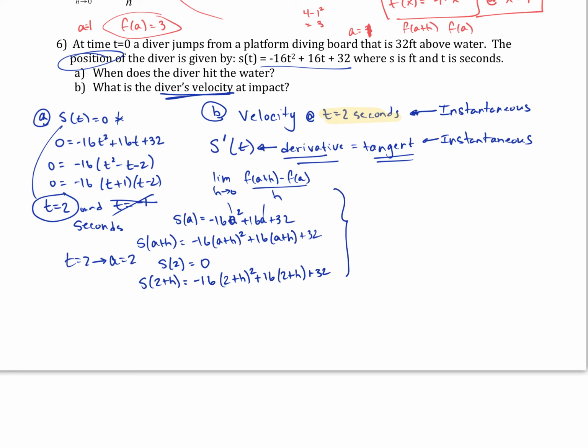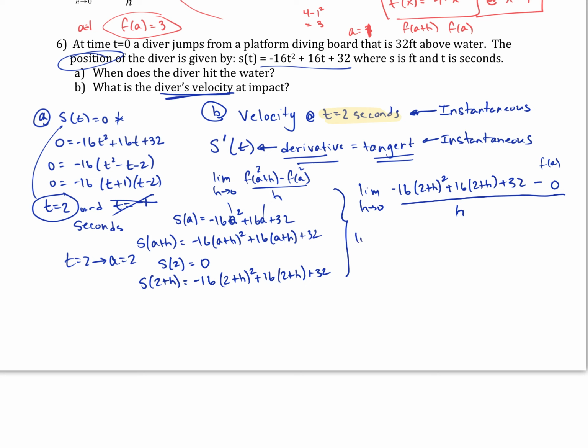So let's put this in our formula. Remember, we had 2 plus h. So the limit as h goes to 0 of negative 16 times (2 plus h) squared plus 16 times (2 plus h) plus 32, minus f of a, which we said was 0, all over h.